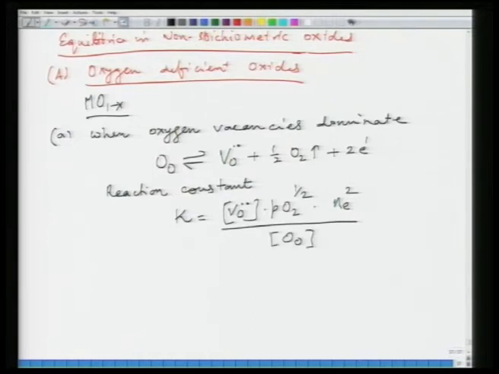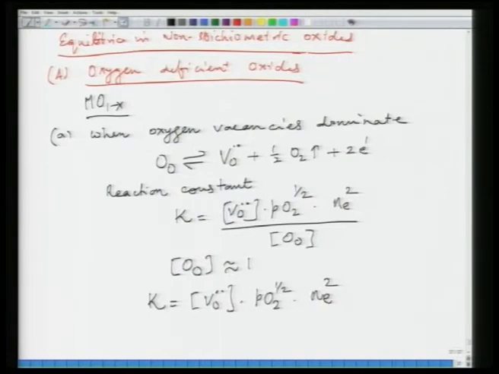Now again, assuming that defects are in very small concentration as compared to OO, so we take OO to be equal to 1. So hence K is equal to VO multiplied by PO to the power half multiplied by NE square. So this is the expression you get.